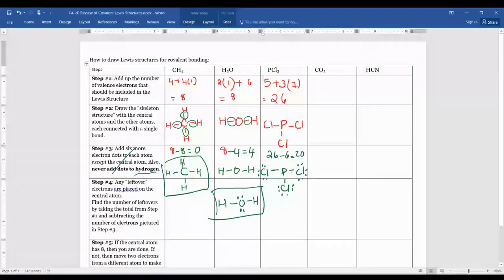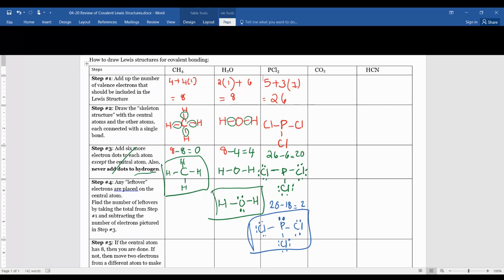So now I've used up 6 times 3, 18 electrons. So I'm going to subtract 20 minus 18. I have 2 remaining. So I draw the structure again. These 2 leftover electrons go on the central atom. Okay, let's check if everything has 8. I have 8 here, 8 here, 8 here, 8 here. So I am done. Let's go to the next one.